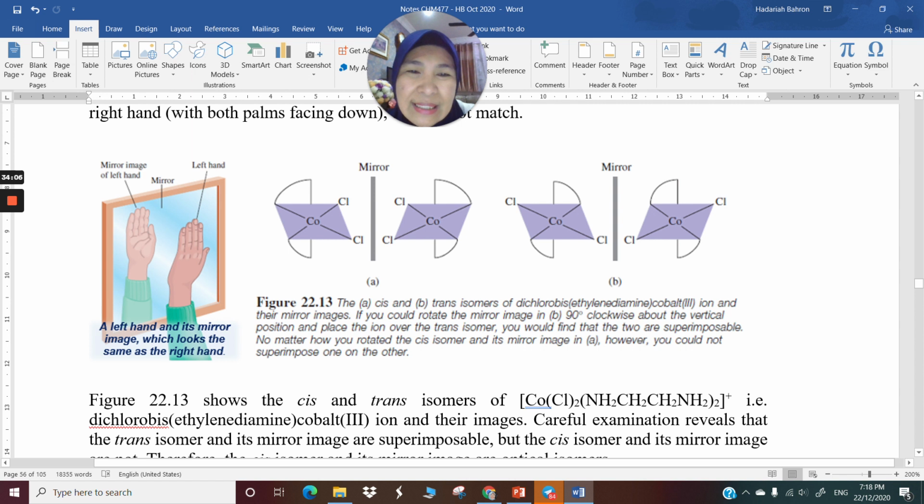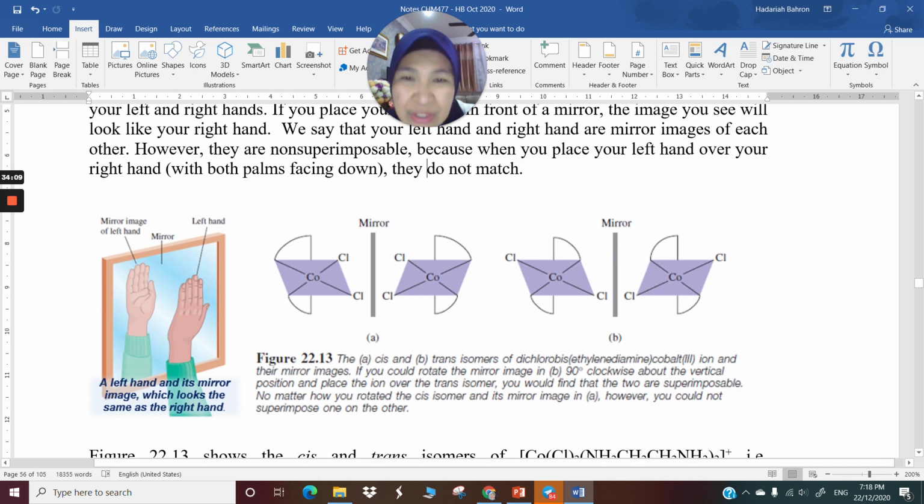So here is an example of a molecule that matches that description. You have cobalt with two ethylene diamine. This is N, so that's ethylene diamine. That's another ethylene diamine, which is a bidentate ligand, and two chloro.